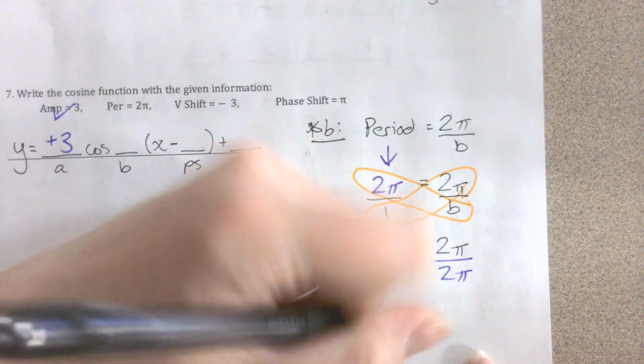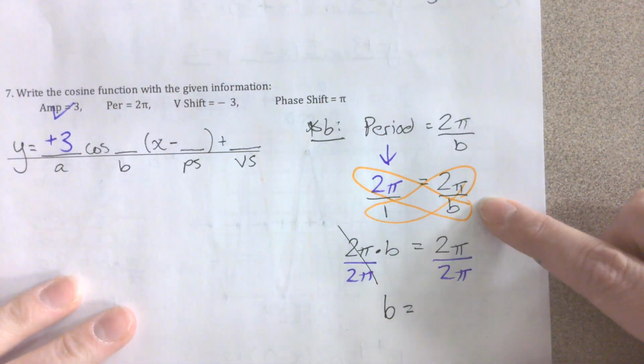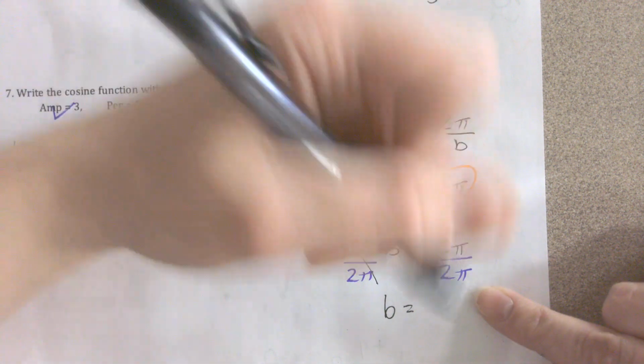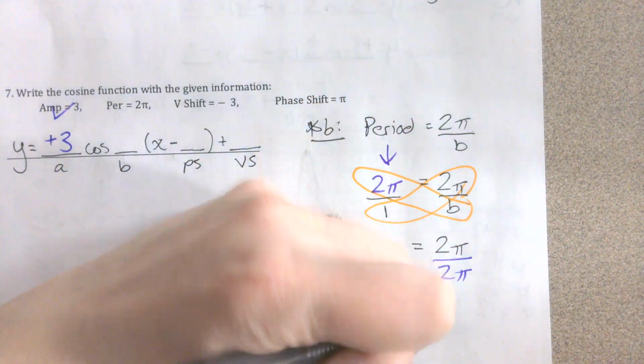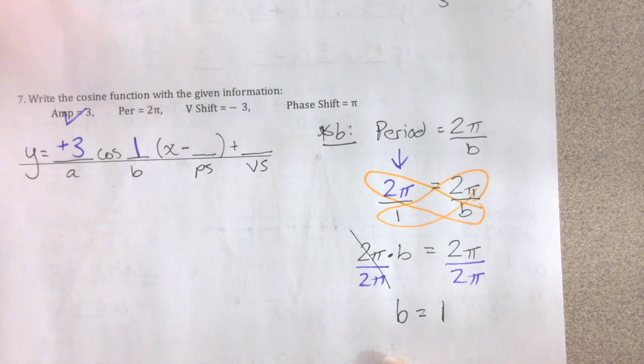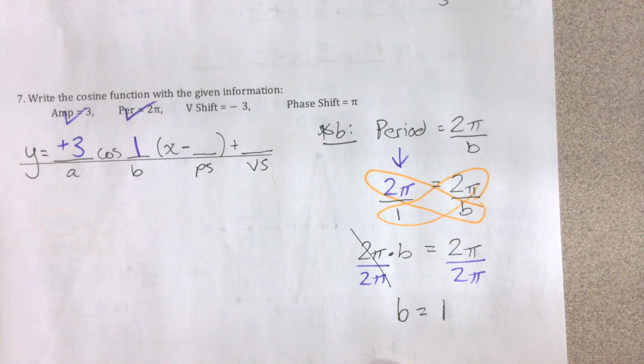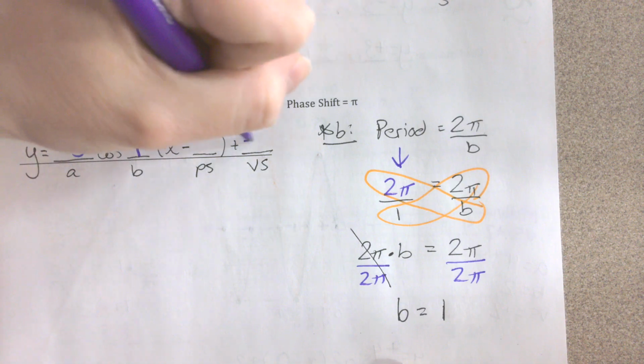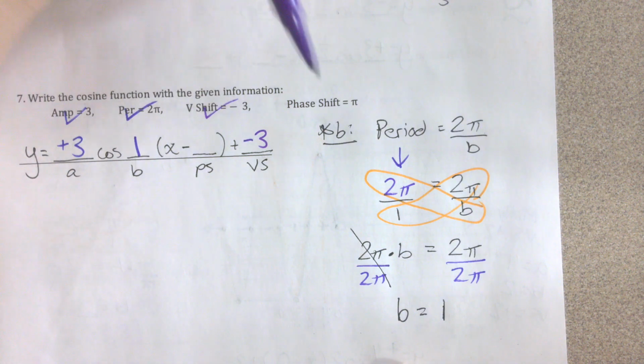This cancels completely on the left. B equals, dividing a number by itself gives 1. So B is 1. Done with period. Vertical shift, negative 3 at the end. Phase shift is just pi.